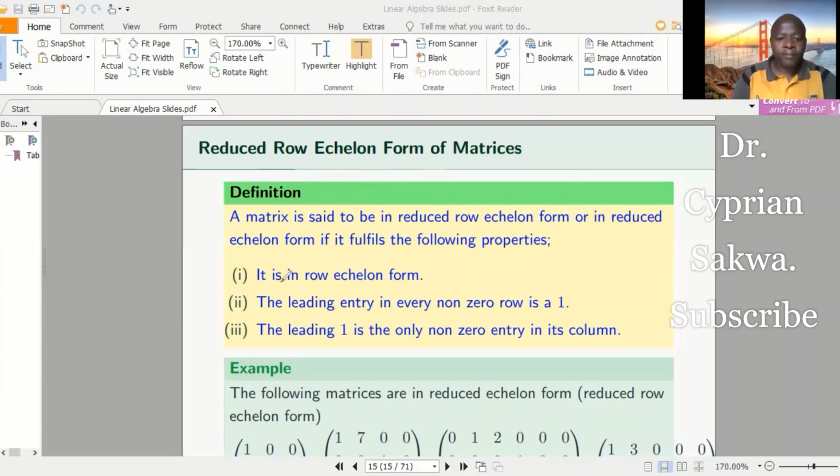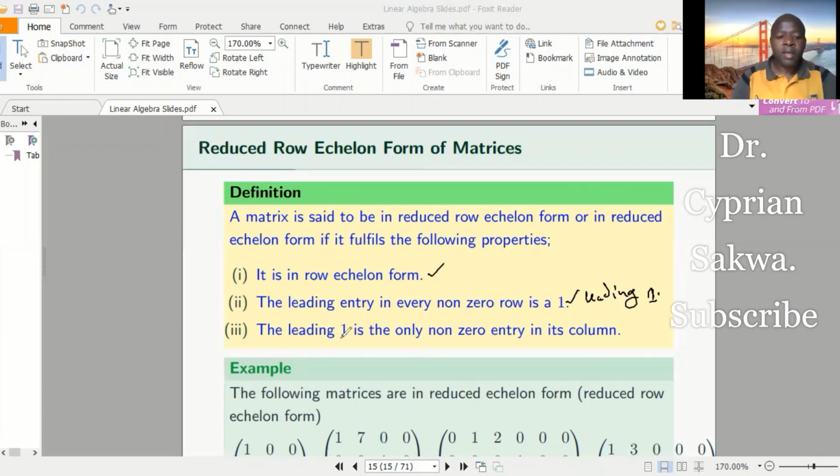One, it must be in row echelon form. And two, the leading entry in every non-zero row must be a 1, which we shall call the leading one. So the leading element in every non-zero row must be a 1.